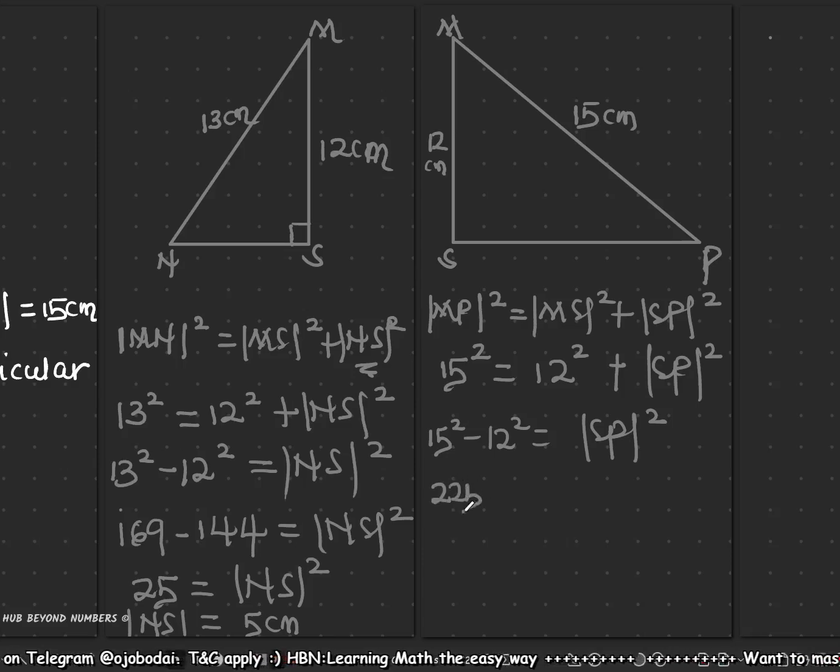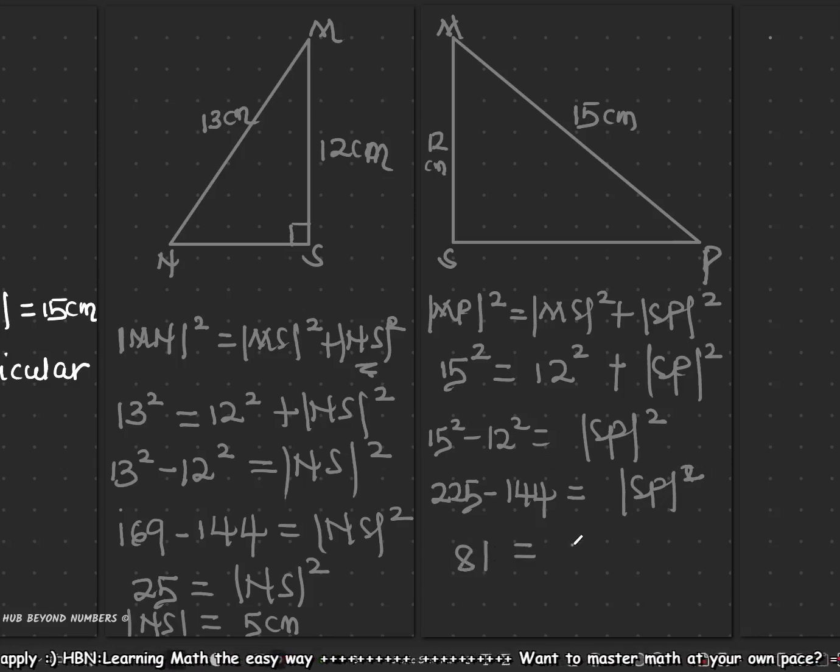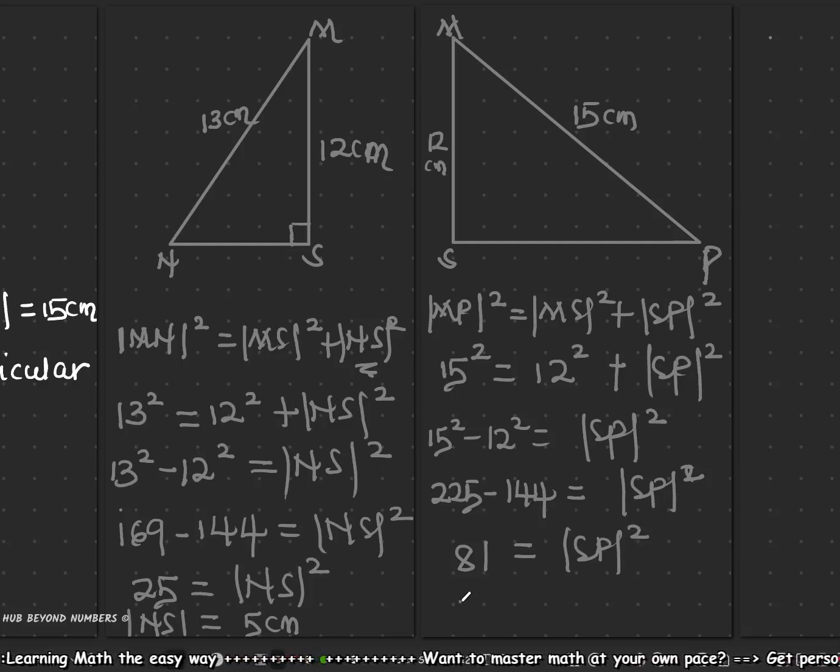We have 225 minus 12 squared, which is 144, is equal to the length of SP squared. So 225 minus 144 gives us 81. So 81 is equal to SP squared. What number squared gives us 81? That is 9. So SP is equal to 9.